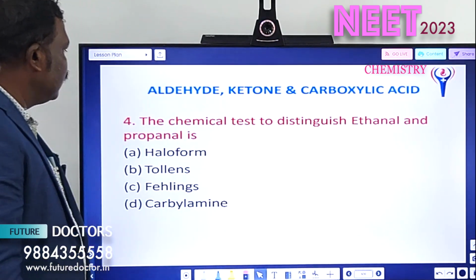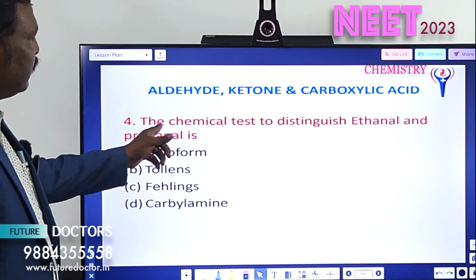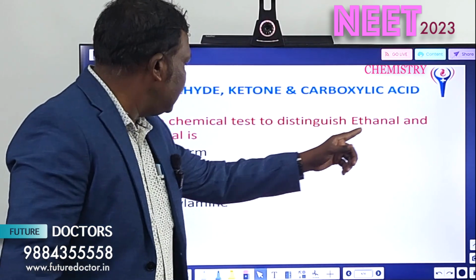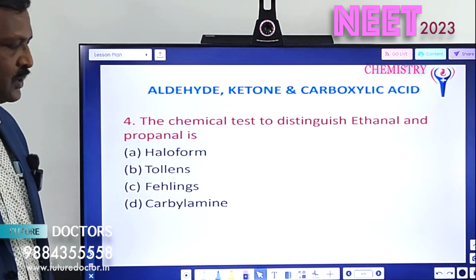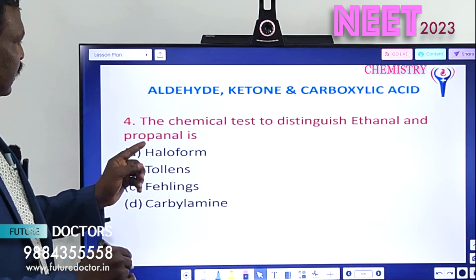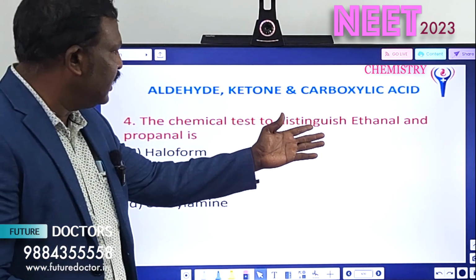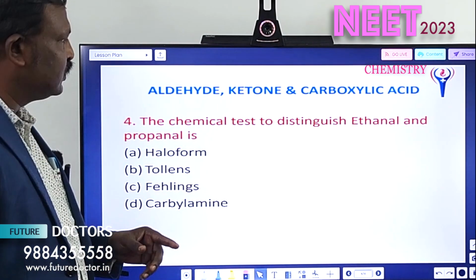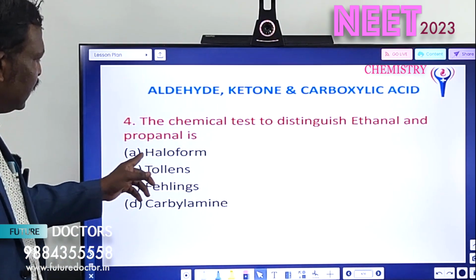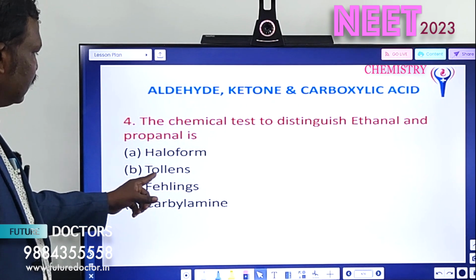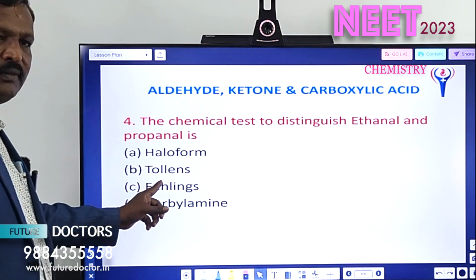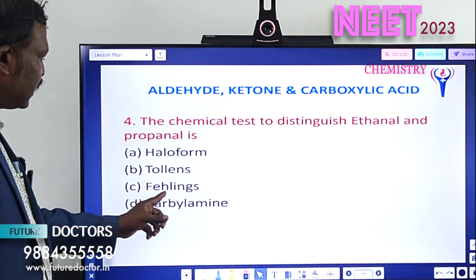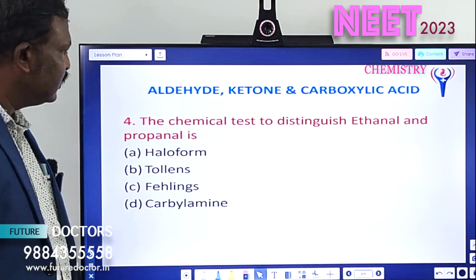Next, the fourth one is the chemical test to distinguish ethanol and propanol. Which test can we follow to differentiate these two compounds? Option A, iodoform. Option B, Tollens'. Option C, Fehling's. Option D, carbylamine test.